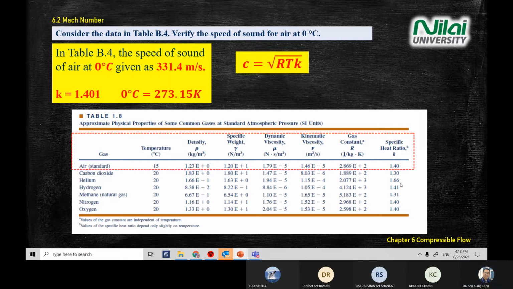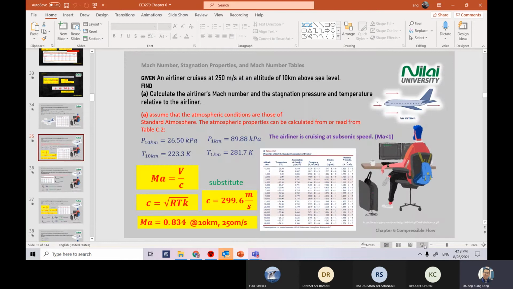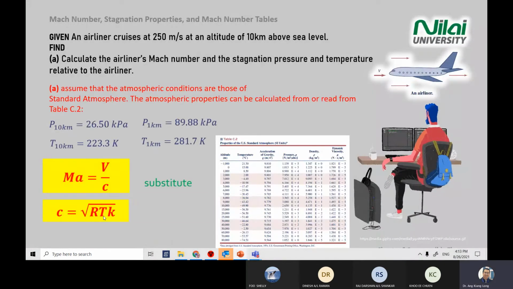All right. So back to the question over here. So I did explain how to get RTK, but the table I do not show on this screen, but it's from table 1.8. You substitute, you get C 299.6 meter per second.